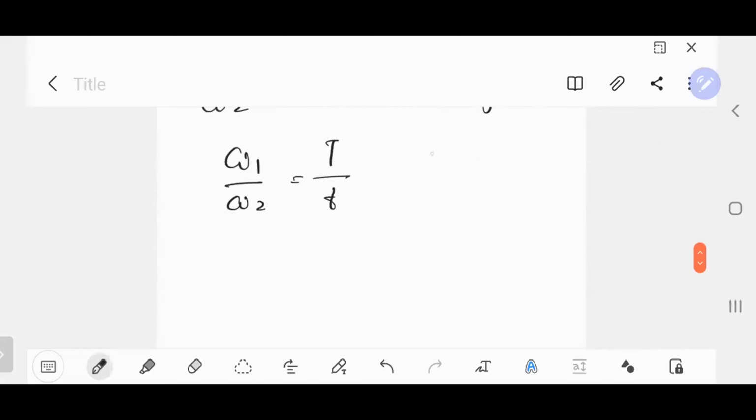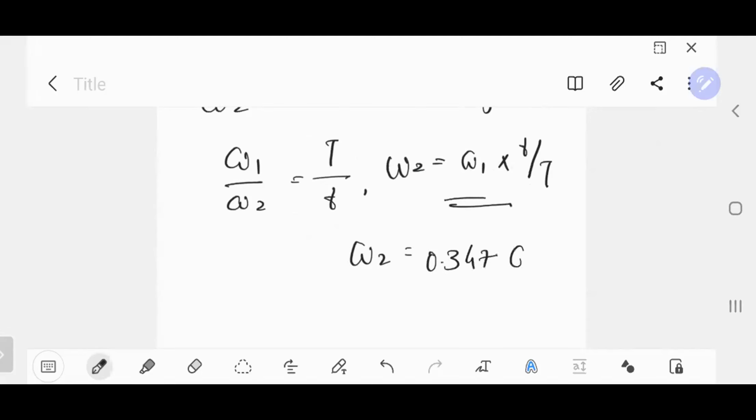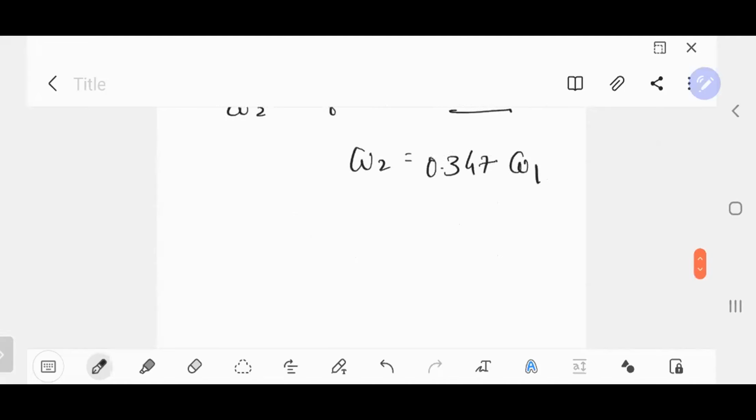We can say that omega 2 is equal to omega 1 multiplied by small t divided by capital T. So omega 2 is equal to, if you do the calculation, 0.347 omega 1. I'm writing the direct answers because we are running out of time. So omega 2 is equal to 0.347 omega 1, right?